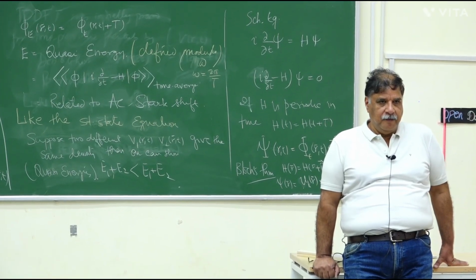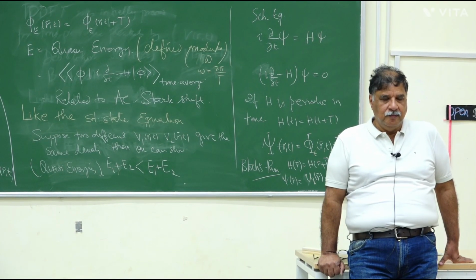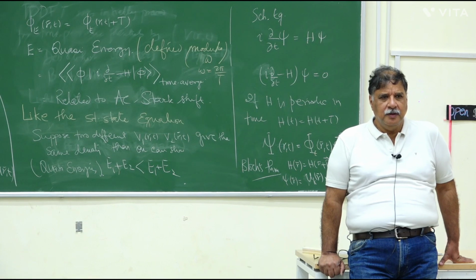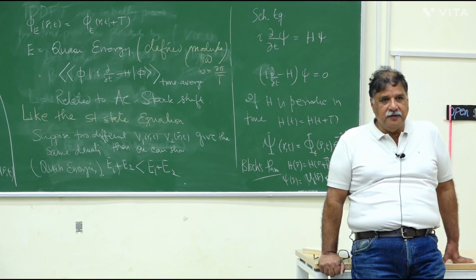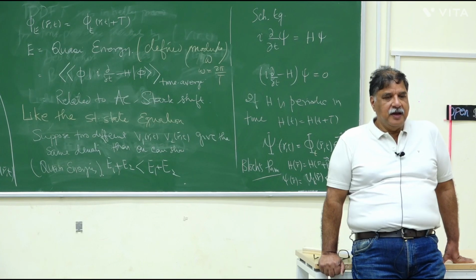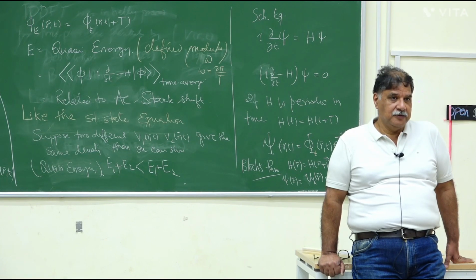So in normal DFT, we did not meet this condition of periodicity of potentials. We did not. Why should we? But when we are doing time dependent, this is the first attempt to do TDDFT. Alright? And I can prove a Runge-Gross like theorem if I extend my wave function to include periodic time.